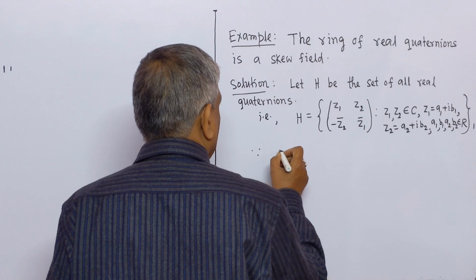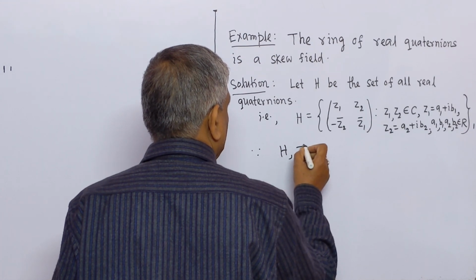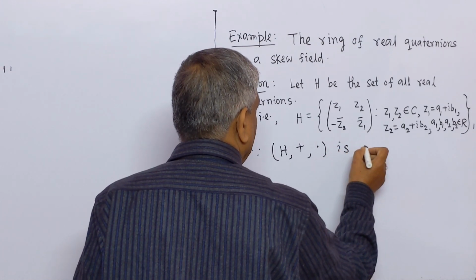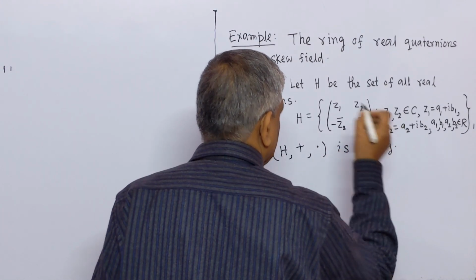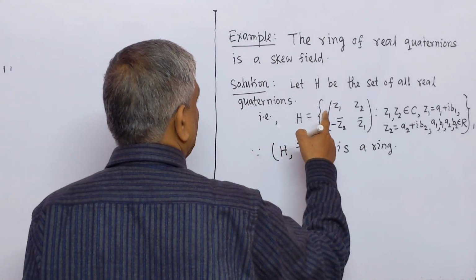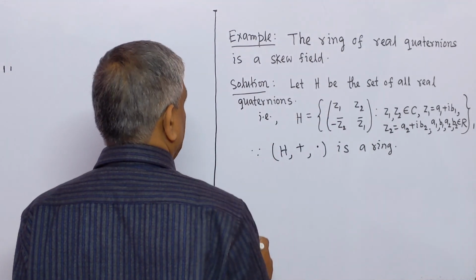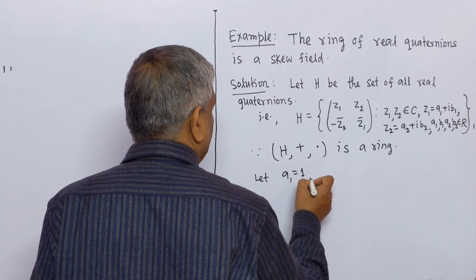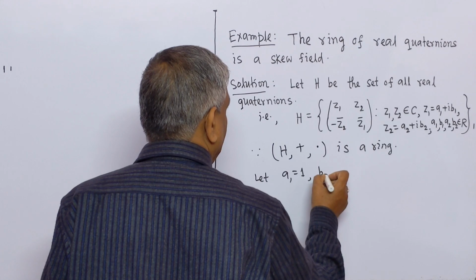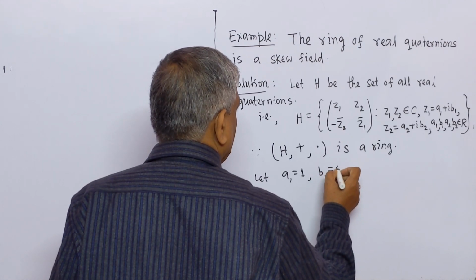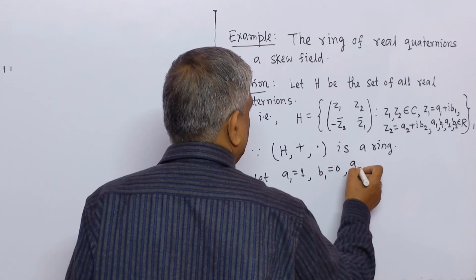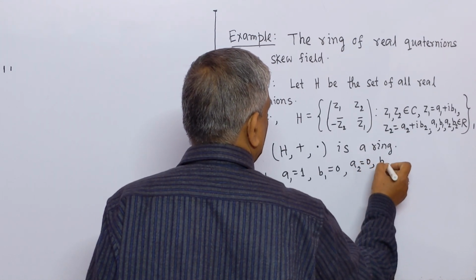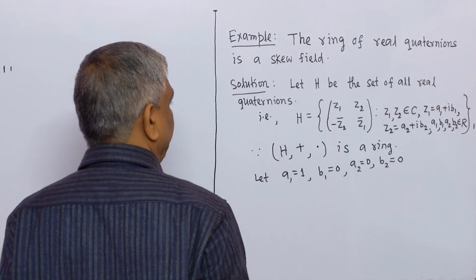Since H with addition and multiplication is a ring, now we see whether unity exists or not. Let A1 = 1, B1 = 0, A2 = 0, B2 = 0.